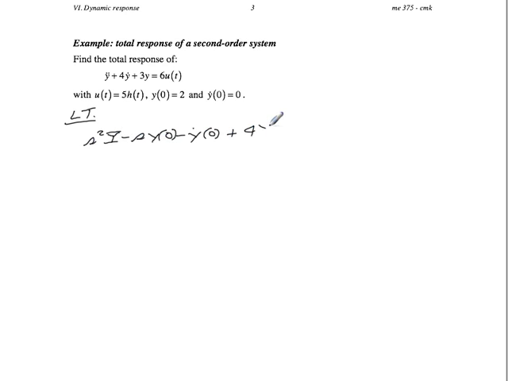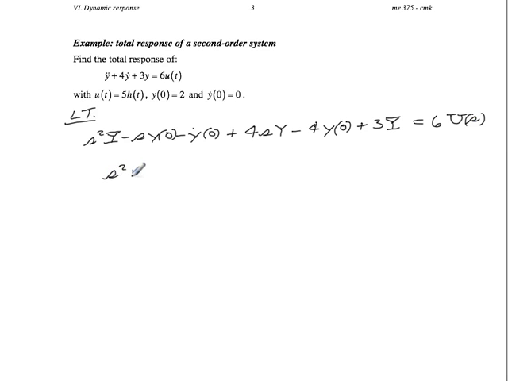I have 4 Y of s, oops, left off a term, 4 times s Y minus 4 times the initial value for y plus 3Y. And the right hand side I've got 6 times the Laplace transform of our input U of s.